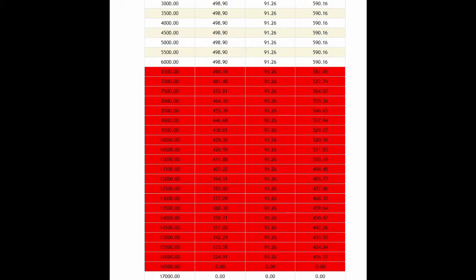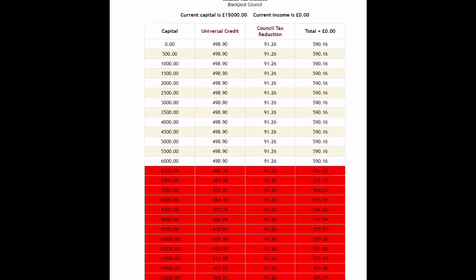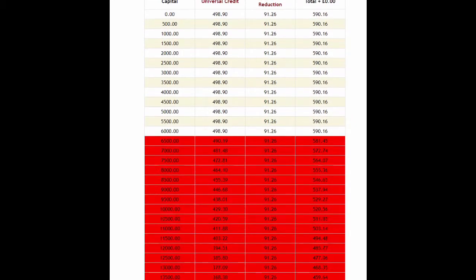And it's applying because as the capital being taken out goes over £6,000, as these people are below pension credit age, then the higher tariff income of notional income from capital is applied to them, and that's £1 for every £250 or part thereof, so that the universal credit, as you can see, begins to go down somewhat faster.